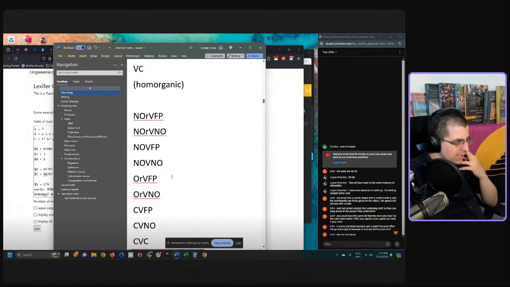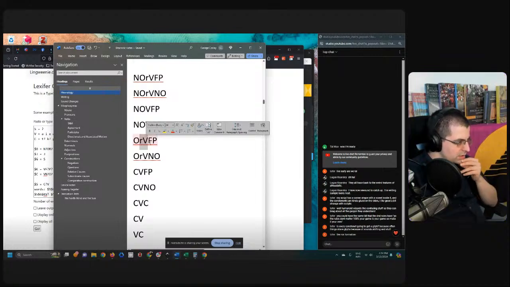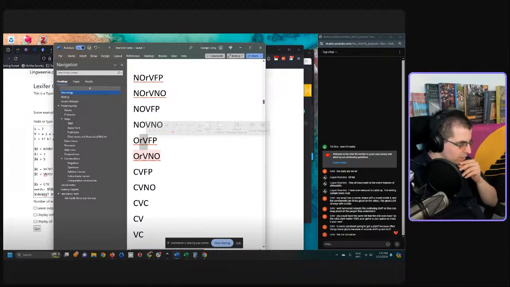So the thing is, this means that nasals need to be able to be on their own. And basically all of the obstruents need to be able to be on their own. But this R only occurs before a vowel.